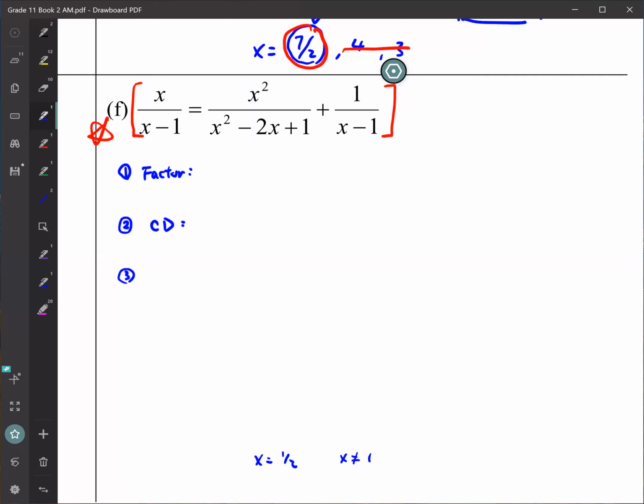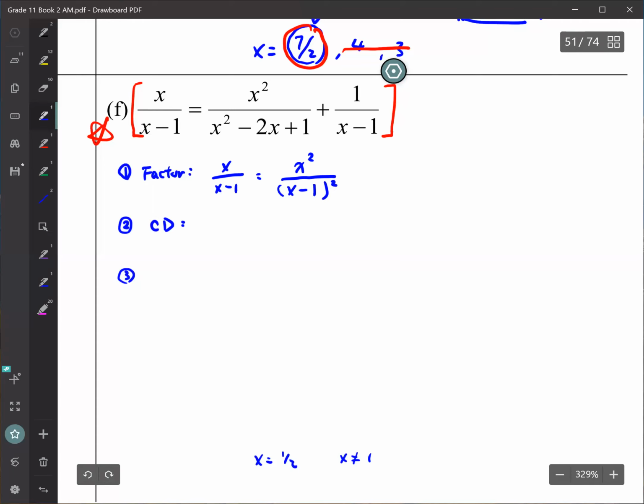All right, let's go over. Okay, so far we got 5 people. Anyone got different answers so far? Okay, the middle denominator, we can factor into x minus 1 squared, right? 2 brackets the same. And then 1/x minus 1.